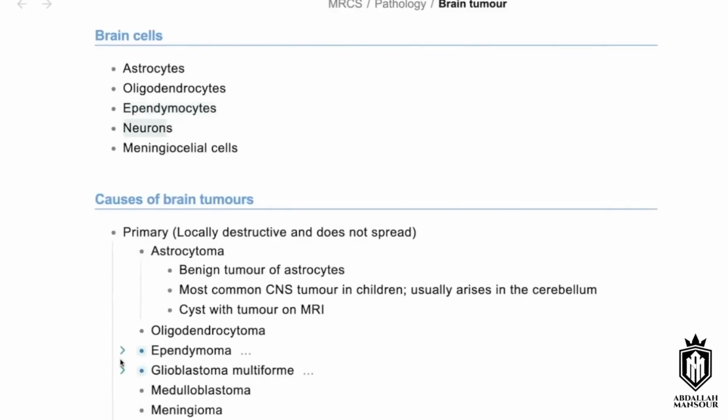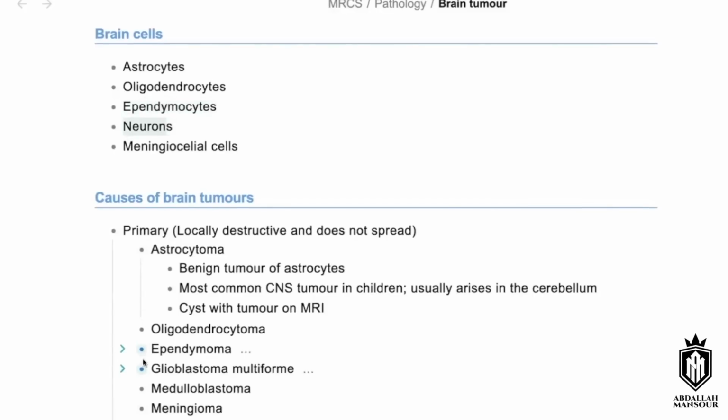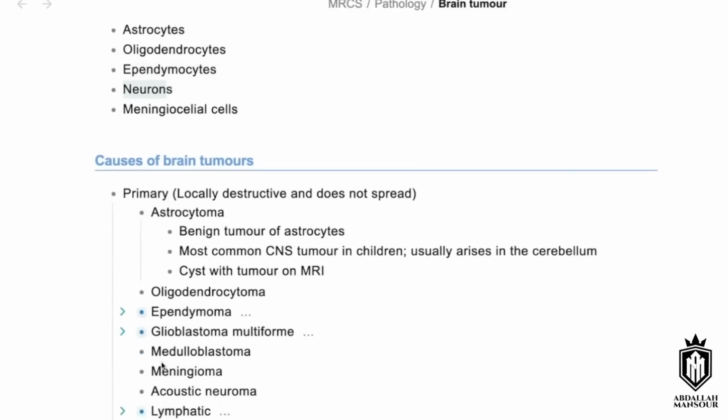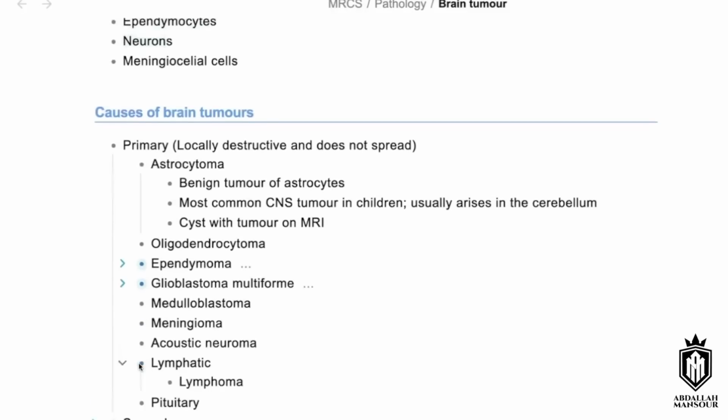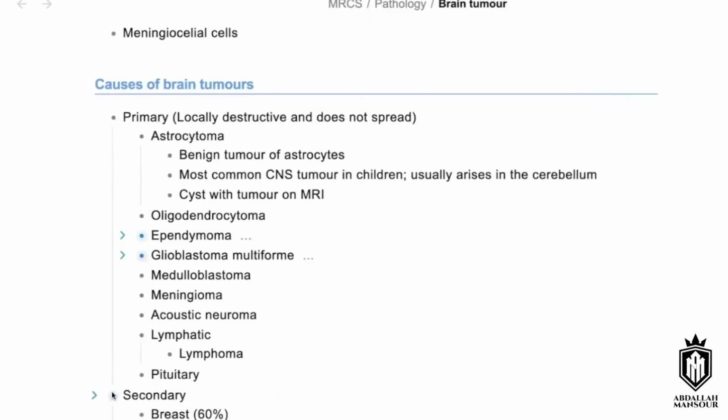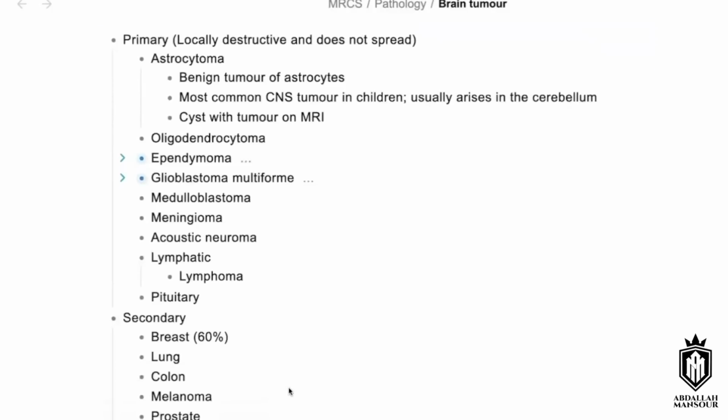Ependymal cells give ependymoma, neurons can lead to medulloblastoma, and the meninges can lead to meningioma. Nerve covers give tumors such as acoustic neuroma, and you can also have lymphoma and pituitary tumors, which are usually adenomas, benign in nature. Second, brain metastasis is basically the commonest type of brain tumor.